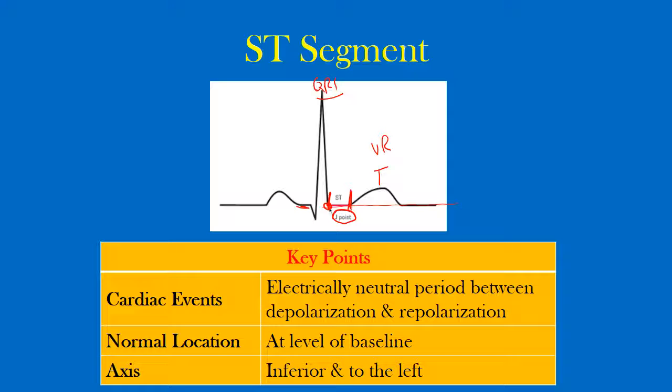We won't get into too many details at this point, but just know they may exist as normal variants. Always remember that the clinical picture is key for making any diagnosis. With that said, if there is any sign of ST elevation in a symptomatic patient, it should be considered significant for myocardial injury or infarction until proven otherwise.